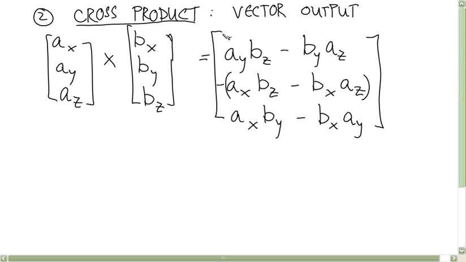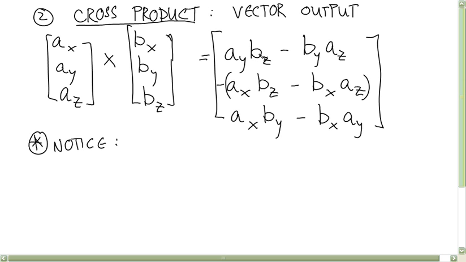And what happens if you have two-dimensional vectors? You're taking the cross product between vectors with 0 z components. Well, look at the output's x and y components here.